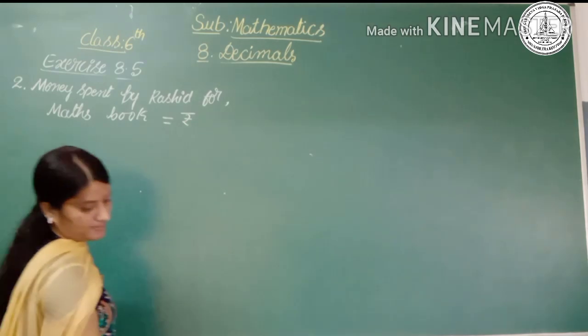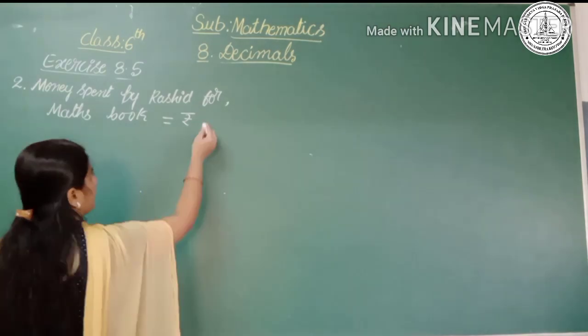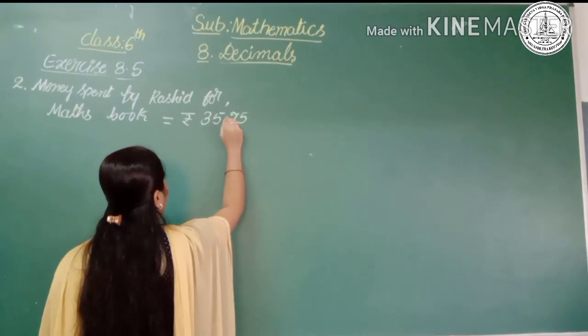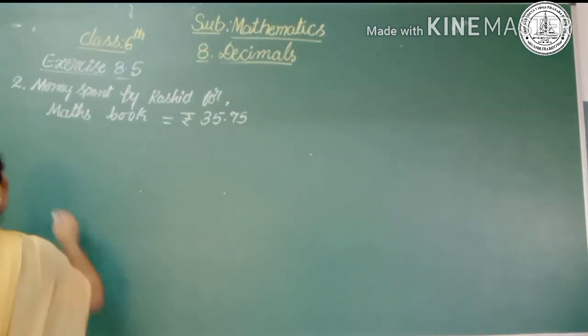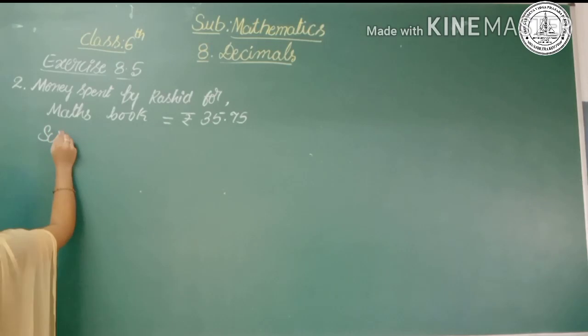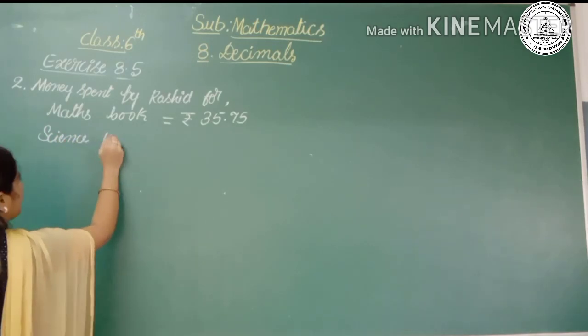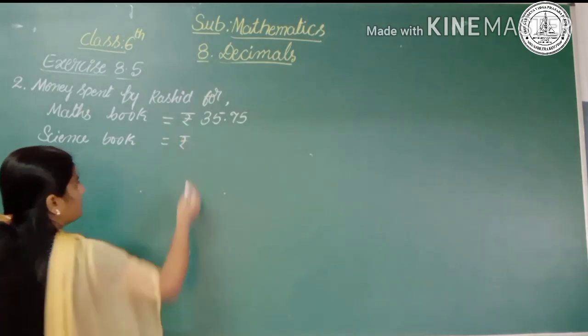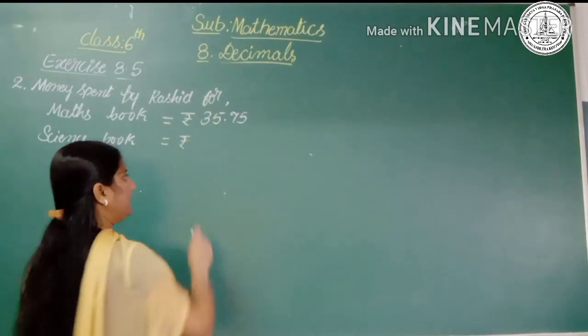That is rupees 35.75. Okay, and for the science book, he spent how much rupees? That is 32.60.